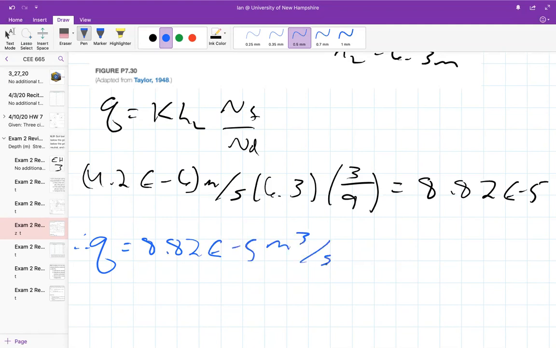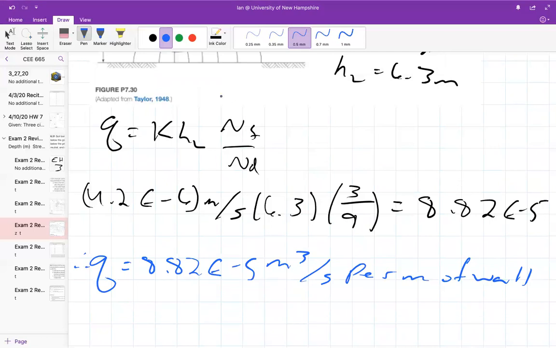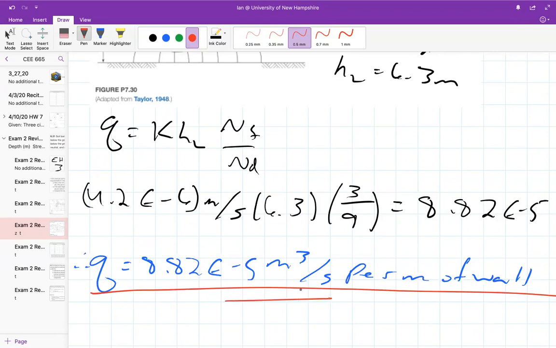Which is in terms of flow per meter of wall. And that's it. That's the end of this problem. Any questions about that? Nope. Okay.